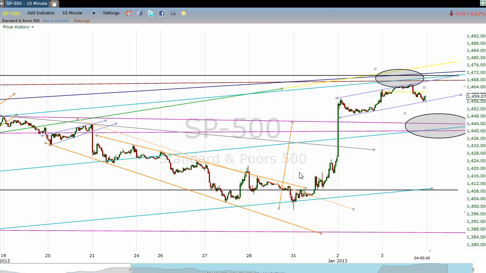But when you draw those lines, you know they're not going to last for a real long time because they're operating on such a short time frame.